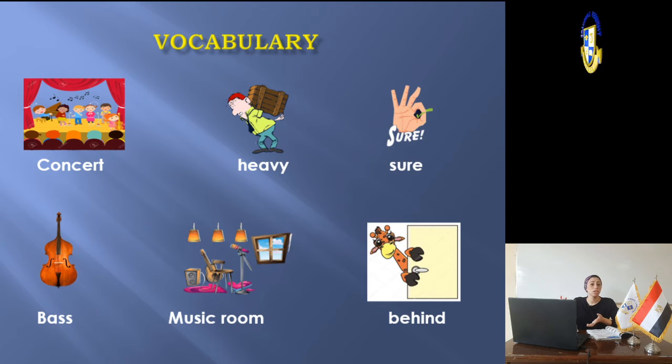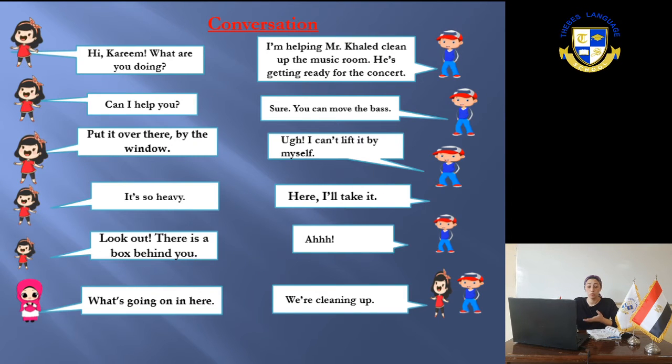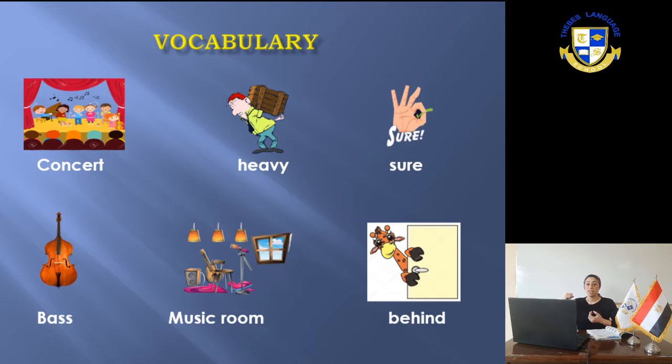So Karim tried to help her to move this bass, and while he was moving it, he didn't watch out for the box behind him. So what happened? Yes, exactly. And when the teacher heard the mess, she entered the music room and said, "What's going on in here?" Please highlight or underline what's going on in here.